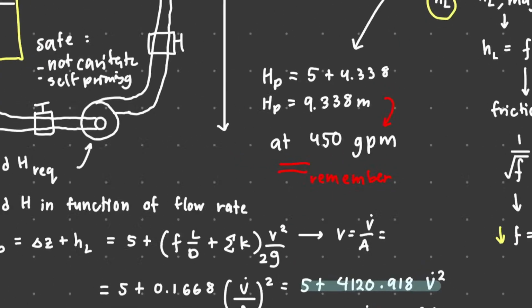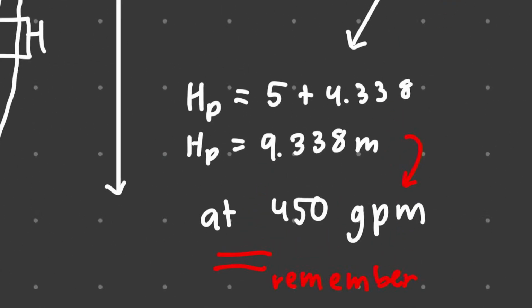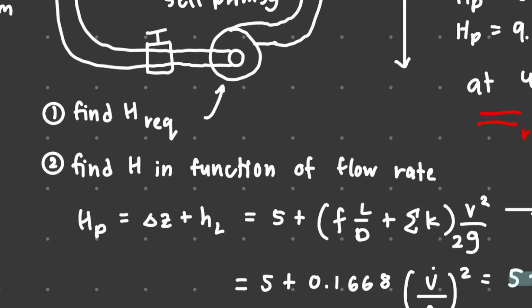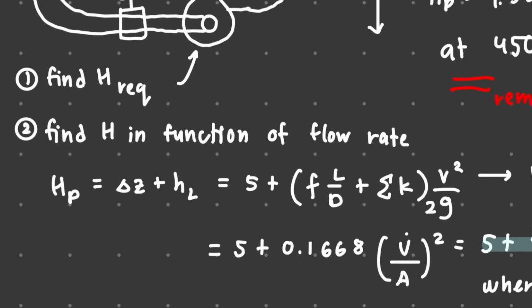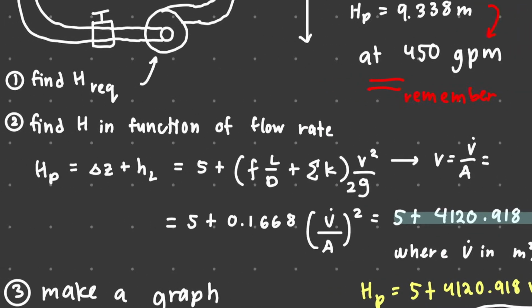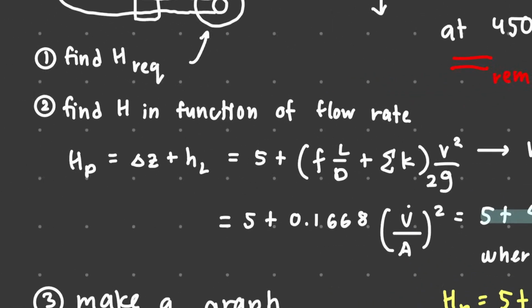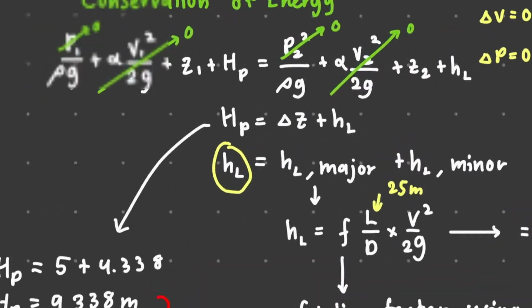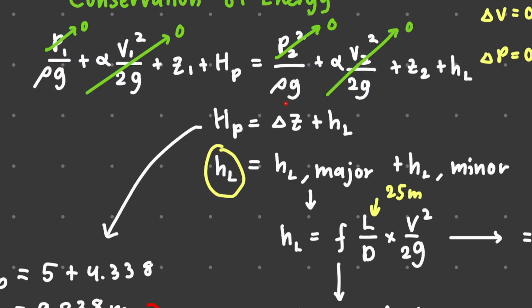Okay. So you found the horsepower required. Well done. Now you need to find the horsepower in function of flow rate. How do we do that? Okay, so we retrace from this equation.